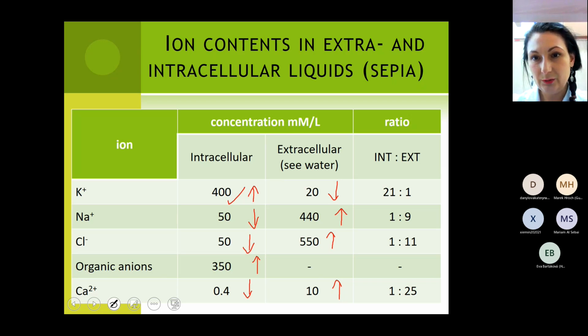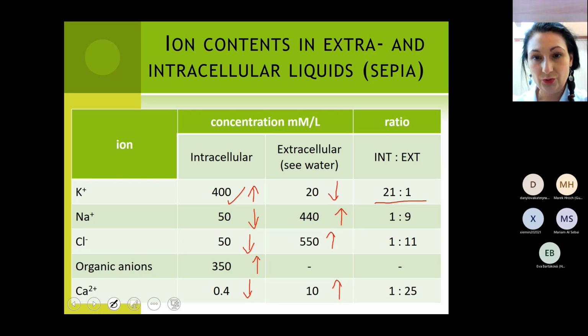If we look at the ratio between intracellular and extracellular concentration, for potassium you will see approximately 20 to 1, for sodium approximately 1 to 10, the same for chlorine, 1 to 10. For organic anions it cannot be calculated because we cannot divide by 0. And for calcium it is approximately 1 to 25.